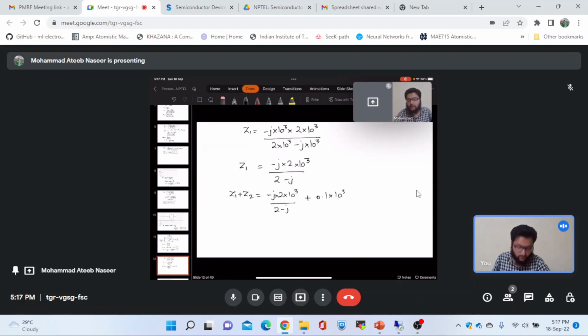Since that is 100 ohm, I can write it in terms of kilo ohms. It would simply imply minus 2j plus 0.2 minus 0.2j, into 10 raised power 3, outside, divided by 2 minus j.